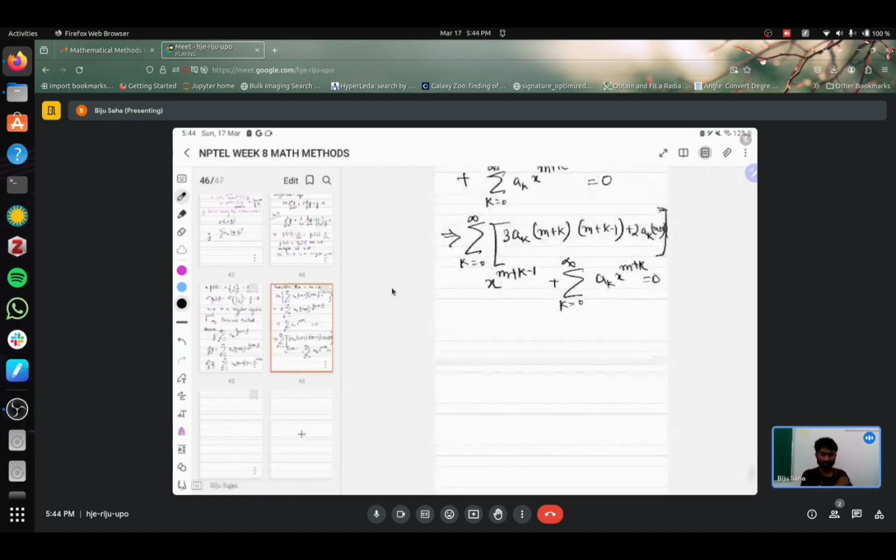So let us first of all get the value of m. We have to solve something which is known as the initial equation. To obtain the initial equation, we equate the coefficient of the lowest degree term.